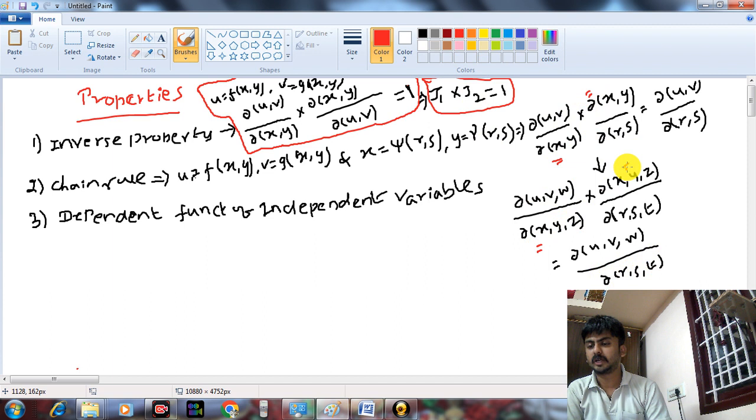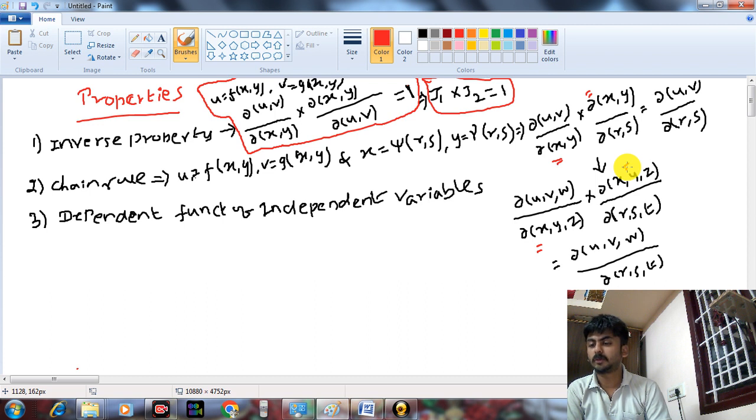The first x, y is the denominator of the first part, dou of (u, v) divided by dou of (x, y), and in the next part we have dou of (x, y) divided by dou of (r, s), with dou of (x, y) in the numerator.